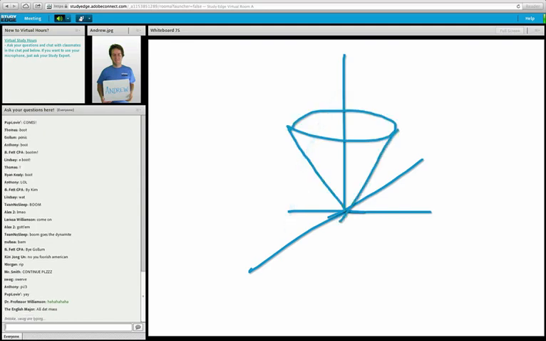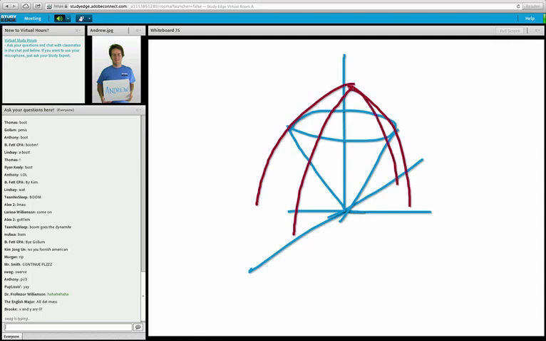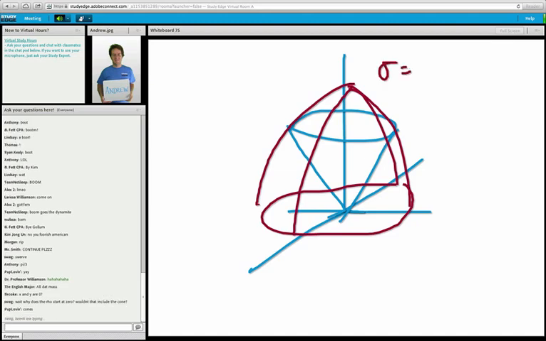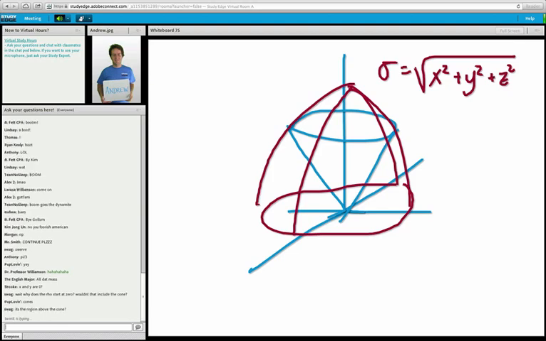The ice cream cone region that we have is symmetric over the x and y axes. Moreover, the density function, sigma equals the square root of x squared plus y squared plus z squared, is also symmetric over the x-axis and the y-axis. When you replace x by negative x and y by negative y, you get the same density function.